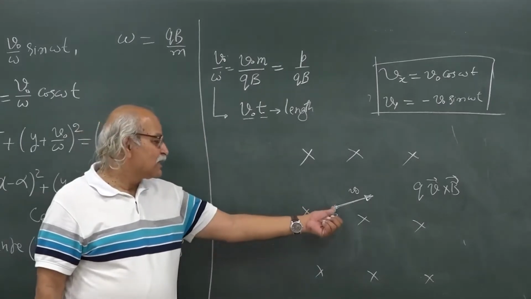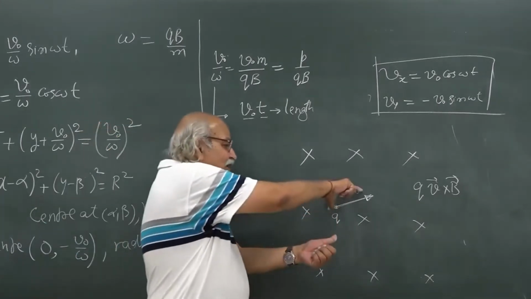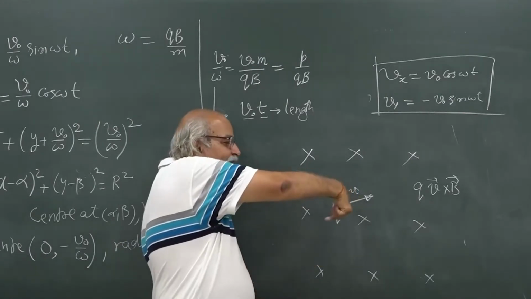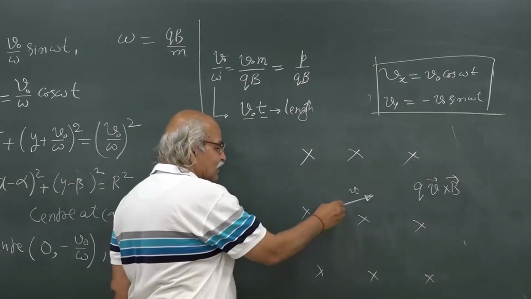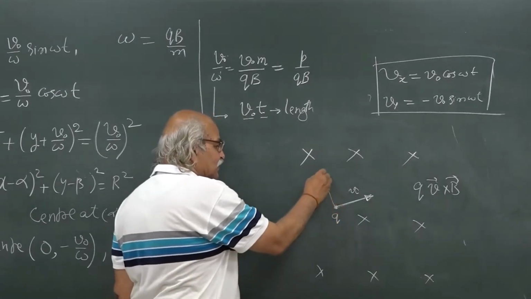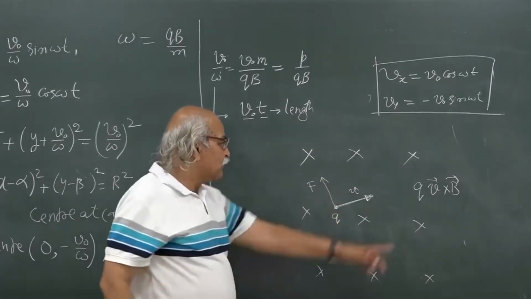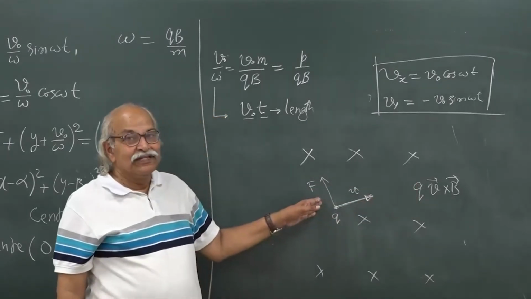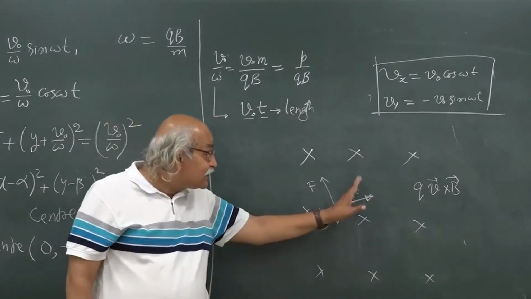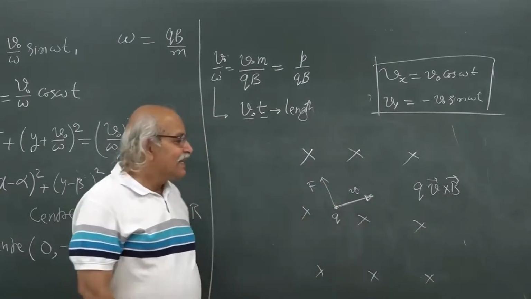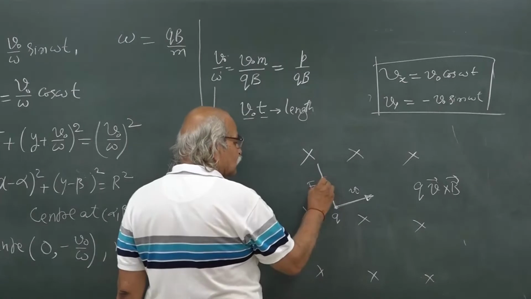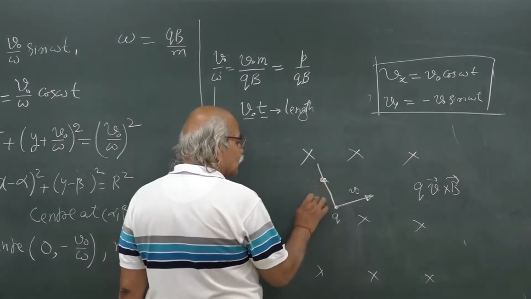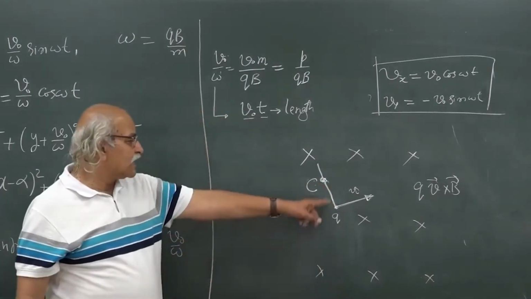If the magnetic field is coming out and this is v and this is B, you turn it this way and therefore you will go down. Opposite, the force will be in this direction. So it should bend this way, not this way. And hence on this perpendicular line, you locate the center, on this side.